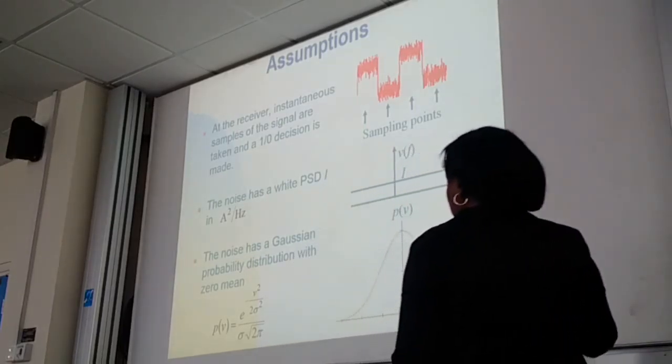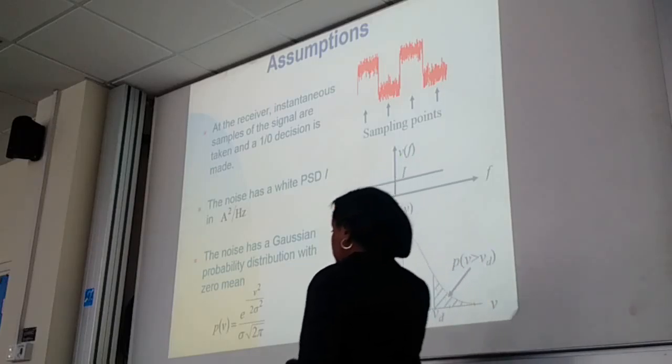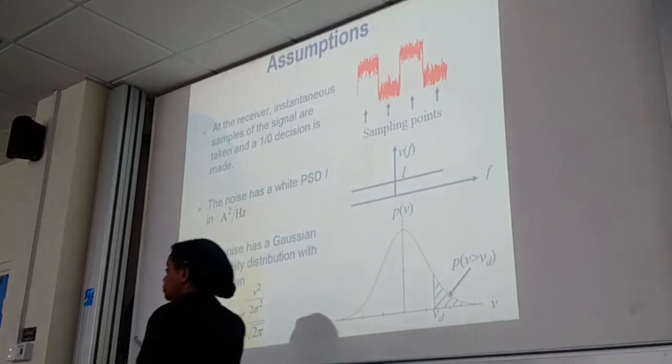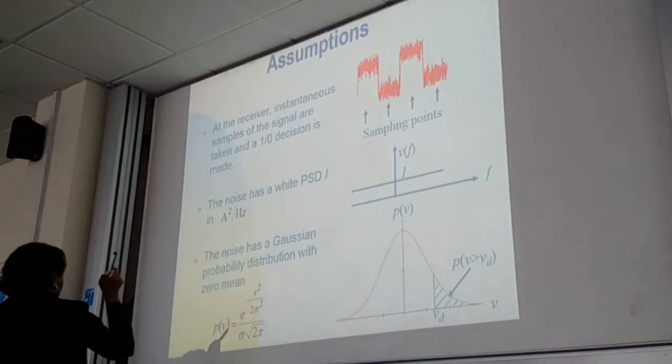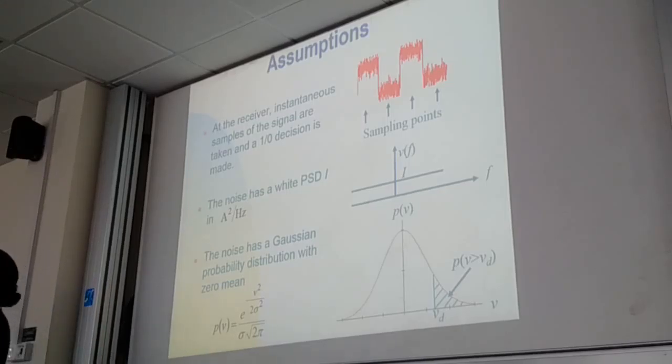Also, the different noise sources we have considered are all additive white noise, which means that they do not depend on frequency. They have constant power spectral density. Remember all the formulas we had, Nyquist, Schottky, they didn't have frequency. So all the noise we have considered is not a function of frequency.